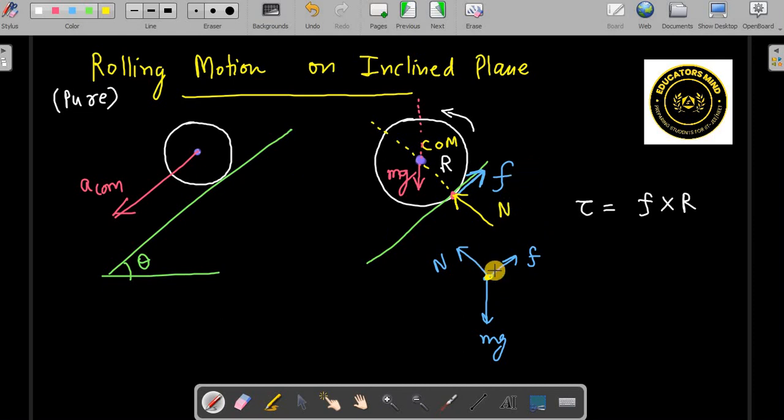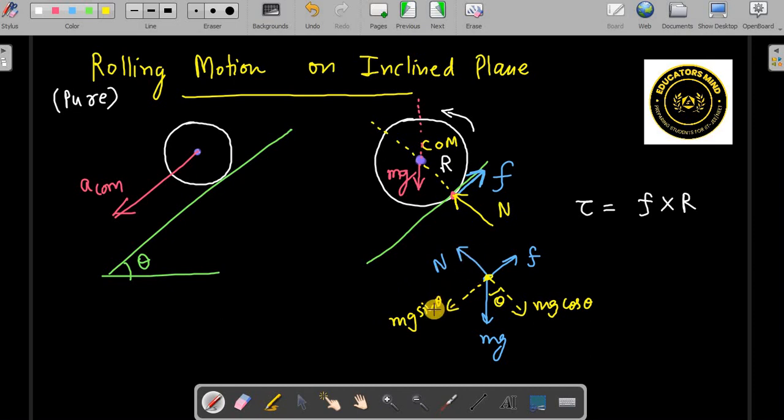So what is the net force? mg you can resolve here, and this is the theta, right? So mg cos theta, mg sin theta. All this effect you can study, and you can see what is the net force.